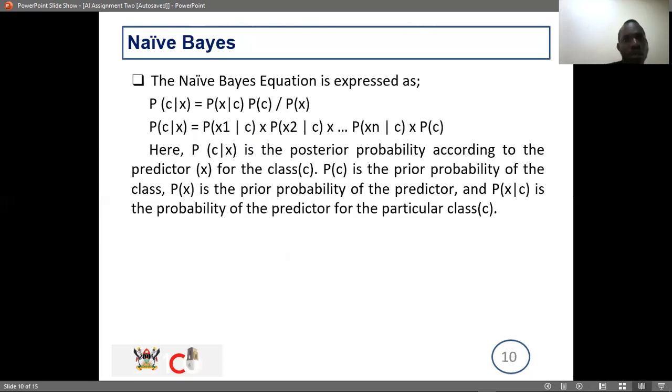So below is how the naive Bayes equation is expressed.